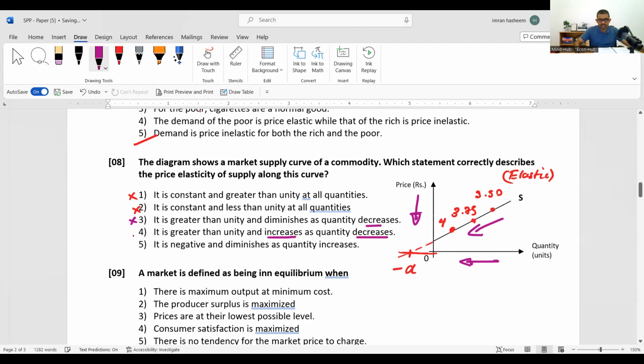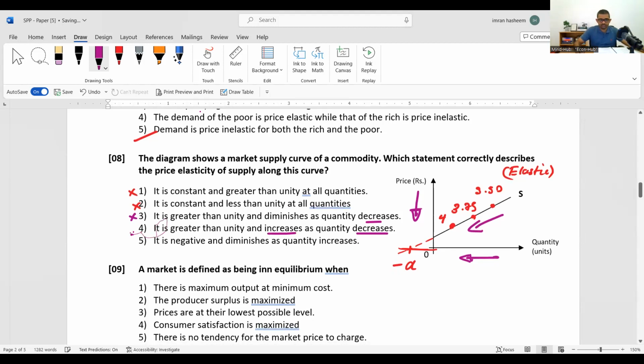Number 4 is correct, right? Negative, no, that's out. So the correct answer is number 4. Think about it. Yes, you need to have the knowledge, but you need to apply it according to the situation or the question. I hope you guys are clear.